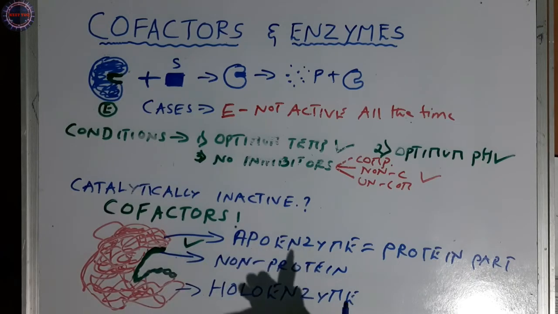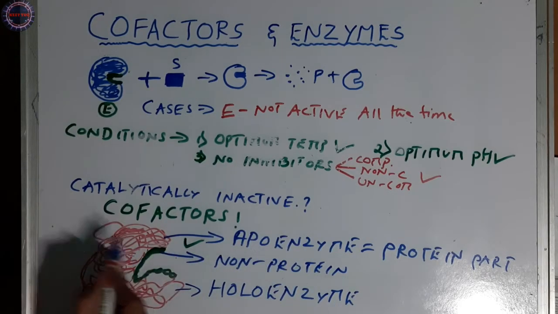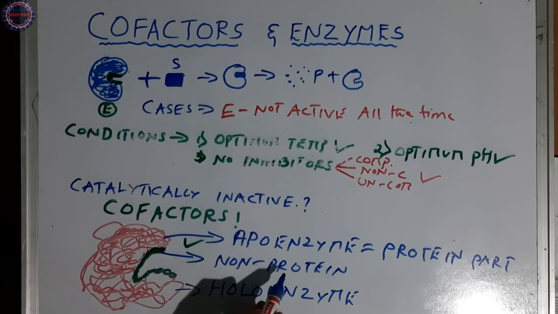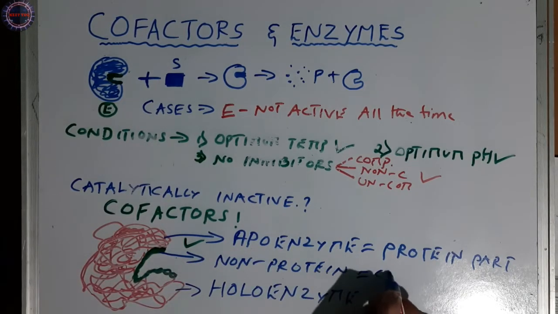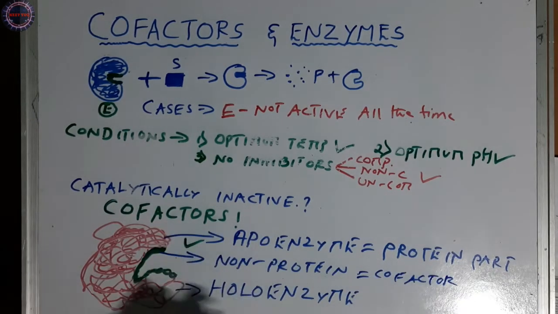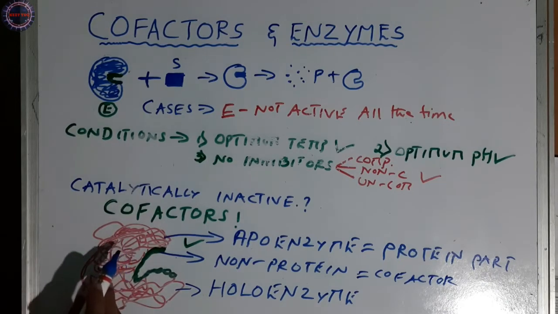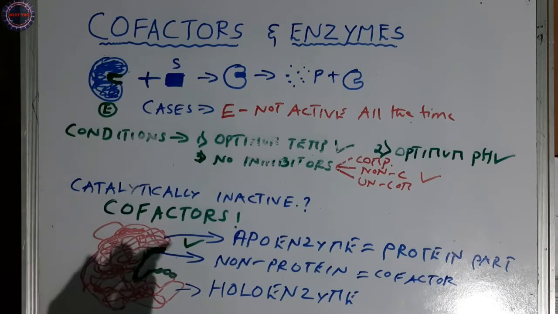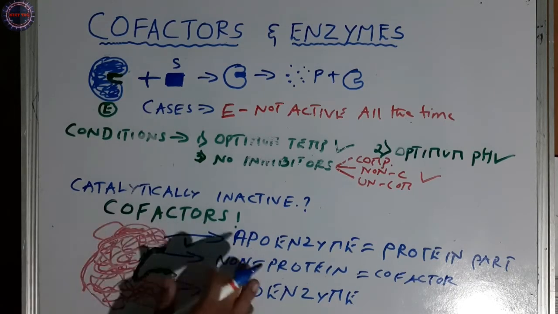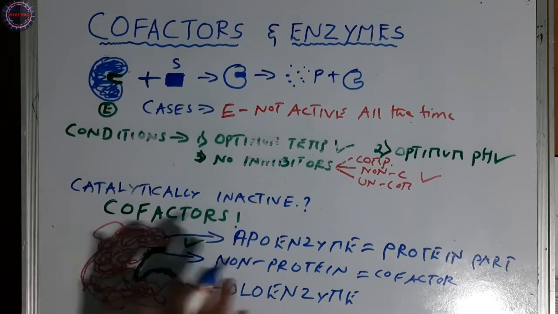Mainly, it activates the enzyme catalytically. Apoenzyme plus the non-protein part, the cofactor, is equal to holoenzyme. That's it. Very simple, right? These two structures together are called holoenzyme, apoenzyme plus the non-protein factor, that is the cofactor. So this is very simple, so learn it.